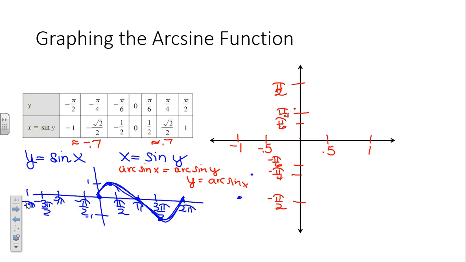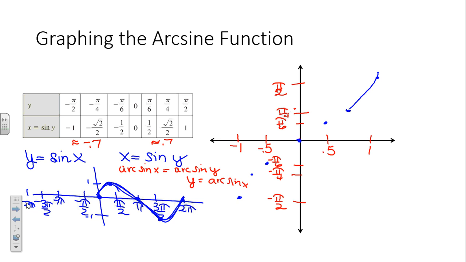When x is a negative half, y is a negative pi over 6. And when x is 0, y is 0. When x is 1/2, y is pi over 6. When x is 0.7, y is pi over 4. And when x is 1, y is pi over 2.